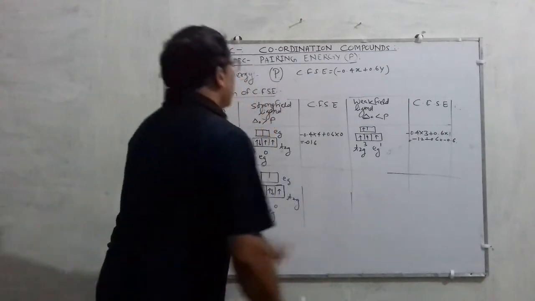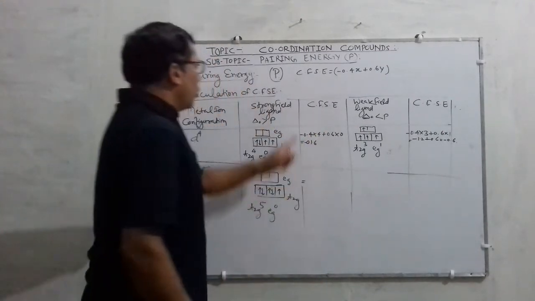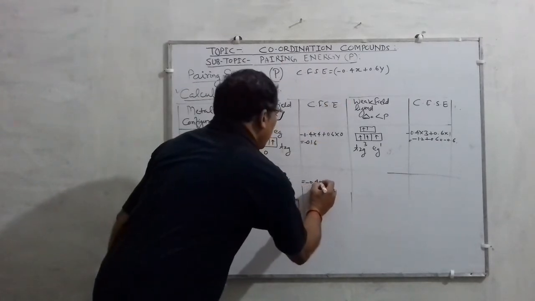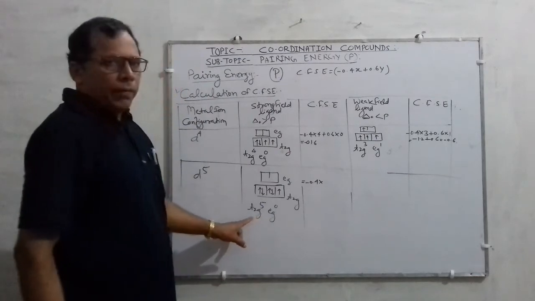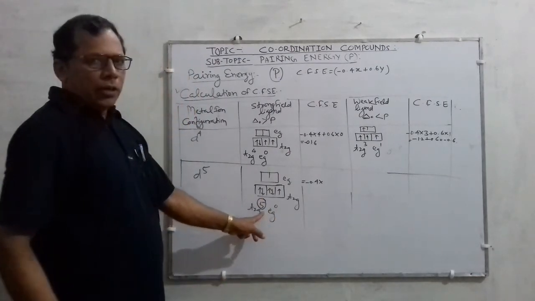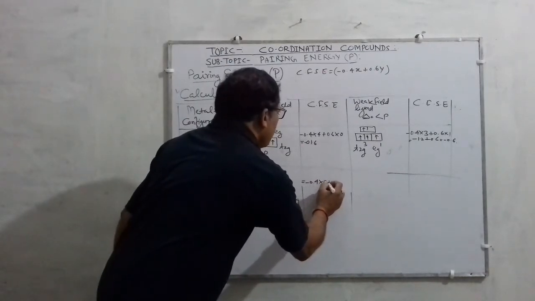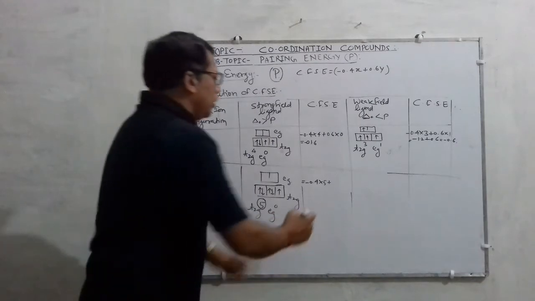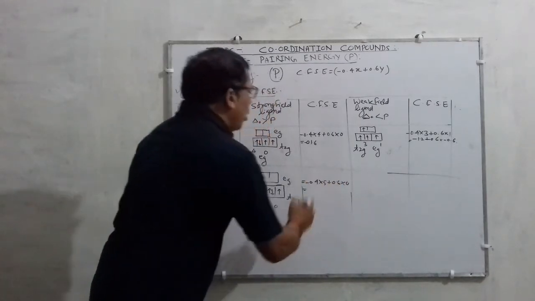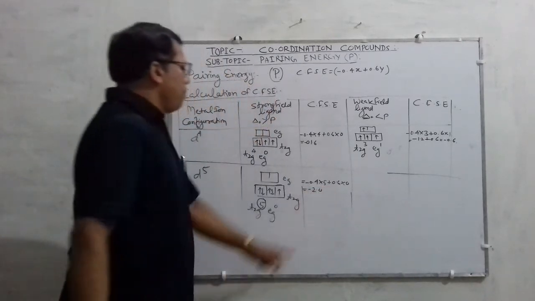And in the case of CFSE you have to find this value. Go through the formula: minus 0.4 times the number of electrons present in t2g, there are 5 electrons in t2g, so minus 0.4 into 5, plus 0.6 into 0 electrons in eg. If you solve it, this will become minus 2.0.